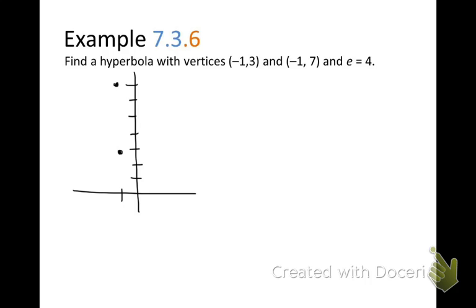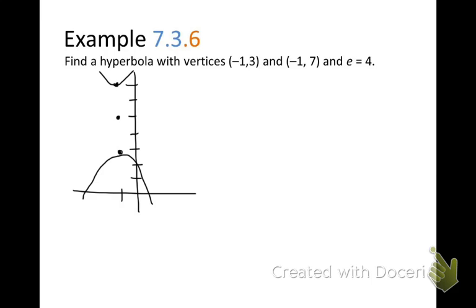So first of all, what does that tell you? It's vertical, so you know it's doing this. And what else do you get from that? Center is at (-1, 5). Yep, right there. Okay, so I can start this.